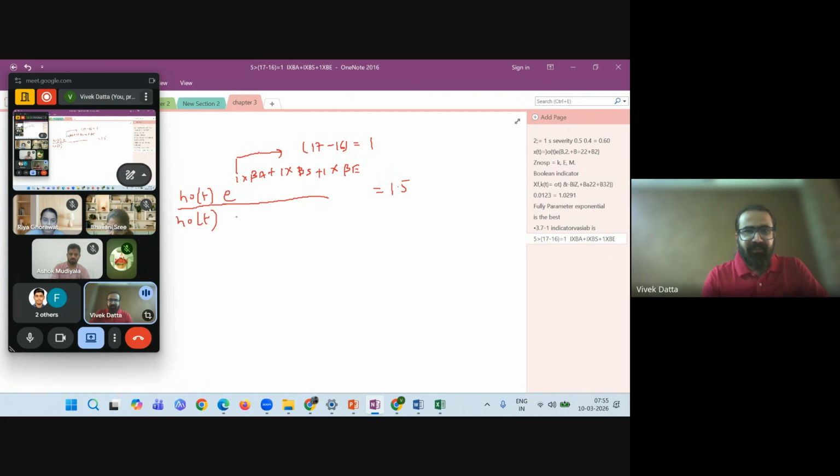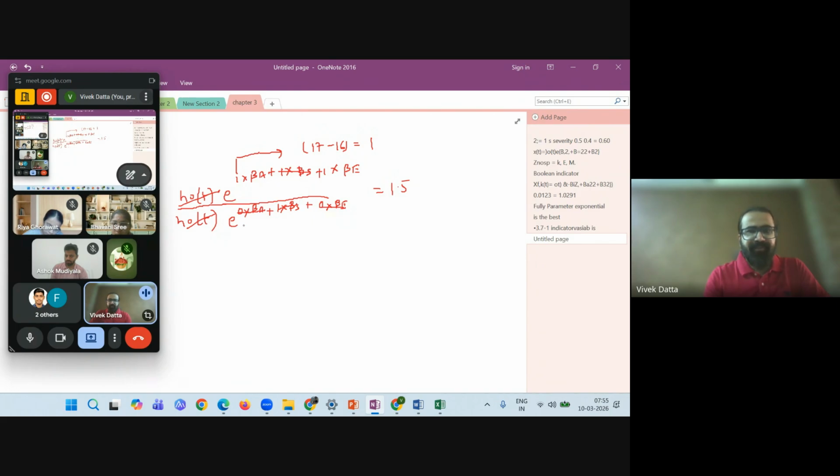Okay, so here is age 16, so it will be 0 into beta A. He is also male, so it will be 1 into beta S, plus, because he has not passed mathematics, it is 0 into beta E. This gets cancelled. This becomes 0. This gets cancelled again.